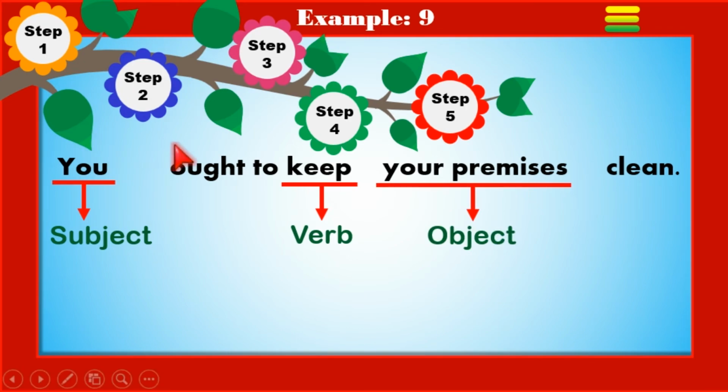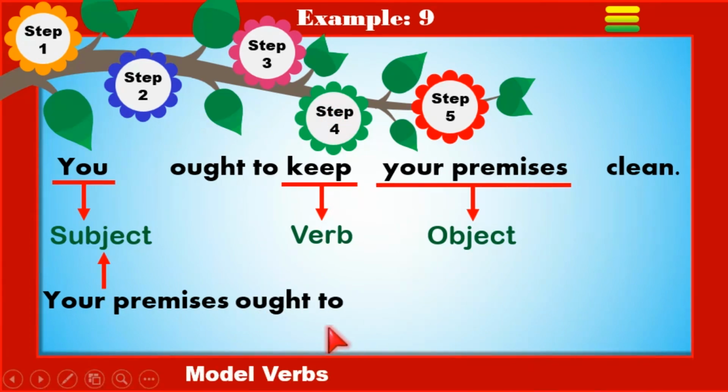So here a little difference is there. So here there is no step 3 because it is not necessary. That means you ought to keep your premises clean. Here no need for a bystander. So you can start here with step 3, your premises. Then step 4, here is given ought to, the auxiliary verb ought to.